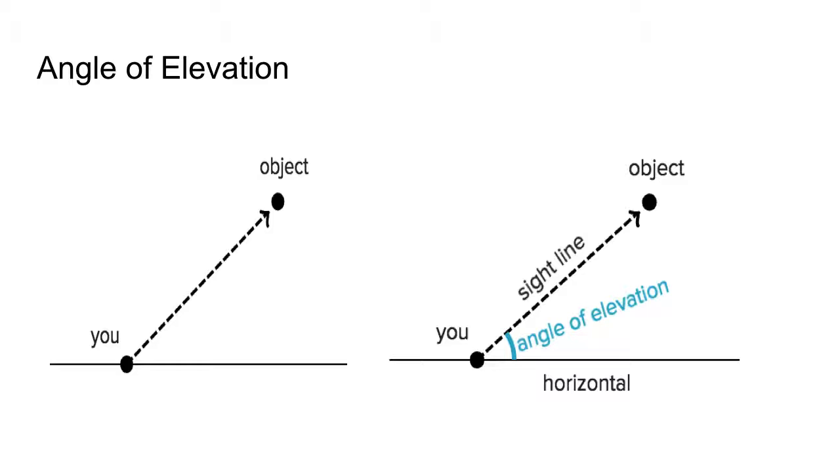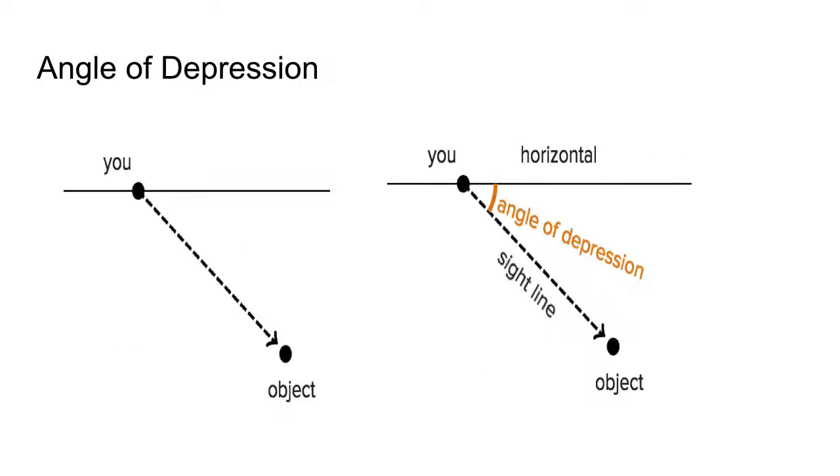Imagine that you're standing on a horizontal plane, like the x-axis, and there is an object in front of you, but it is also above you, as shown in this picture. That means that there is an angle of elevation between the two of you. Similarly, if you are on a plane and there is an object in front of you, but the object is also below you, there is an angle of depression between the two of you, as shown in this picture. To demonstrate this, we will go into a few practice problems.